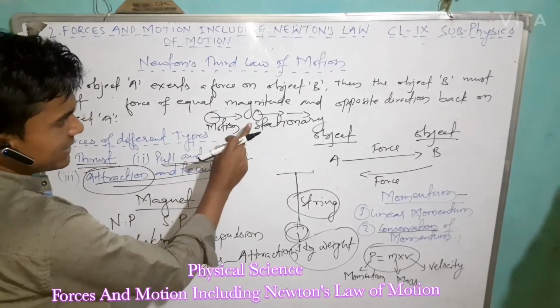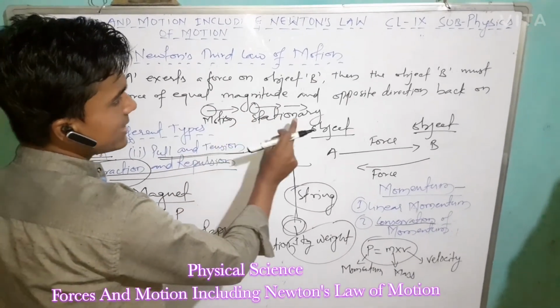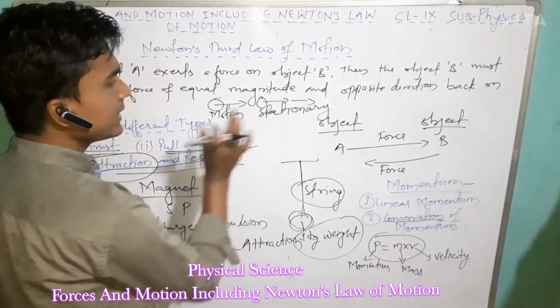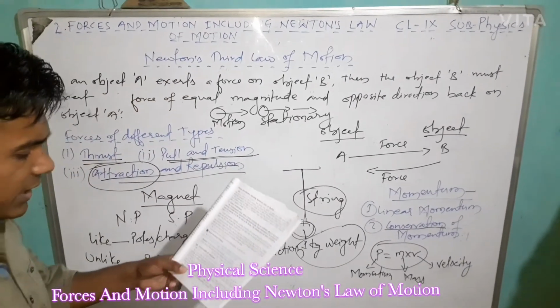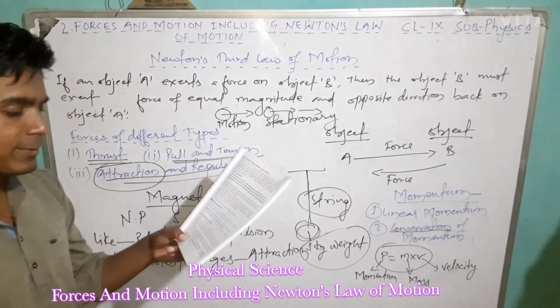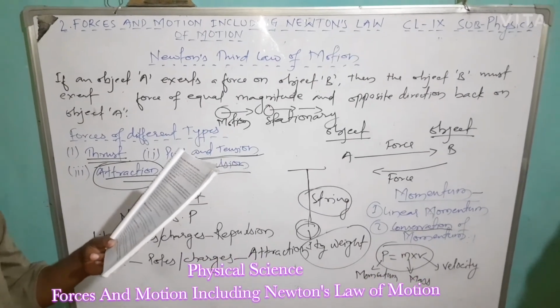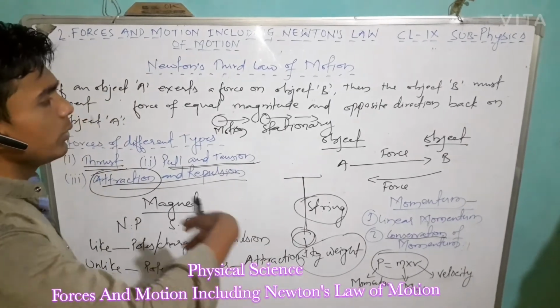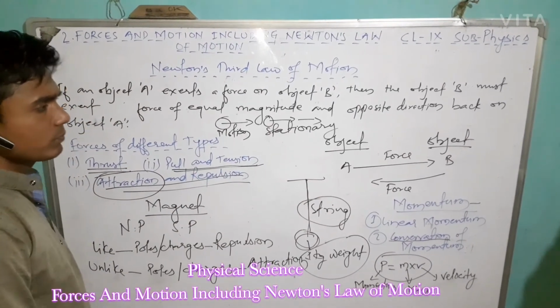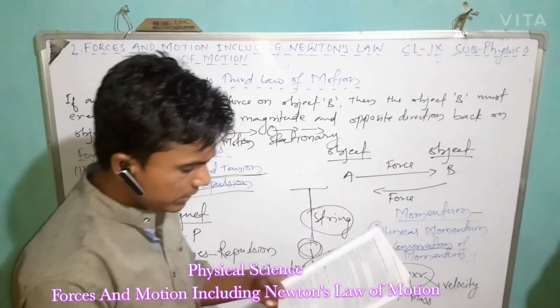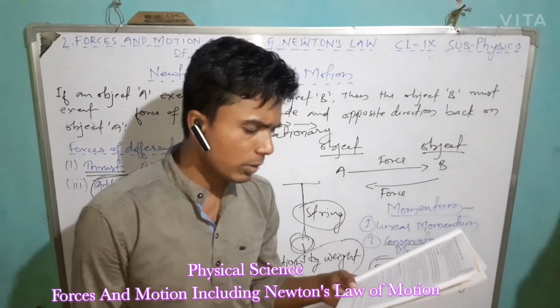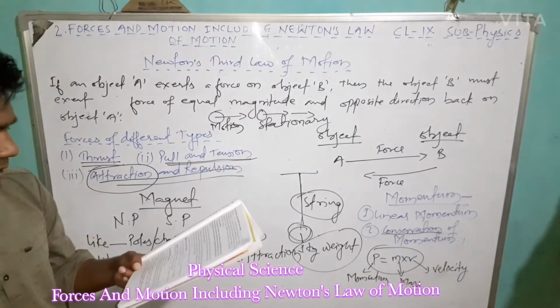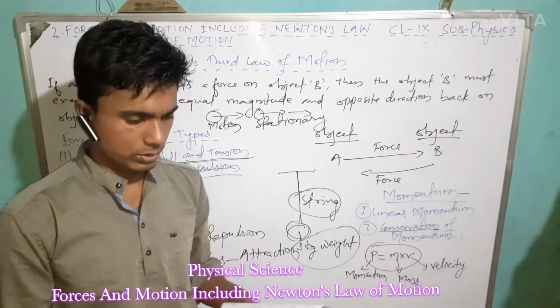When this body hits this one, this body gains the motion, but at present it is stationary. But what is told here is that in the absence of any external force, the total momentum of a system of interacting bodies is conserved. When there is no external force, the momentum of a system of interacting bodies is conserved. This is in accordance with Newton's third law of motion, right?